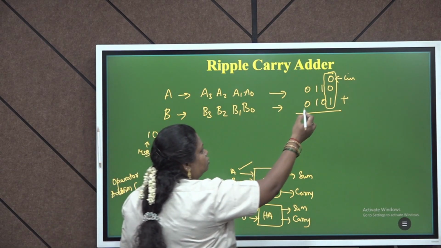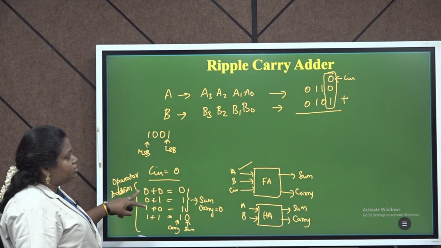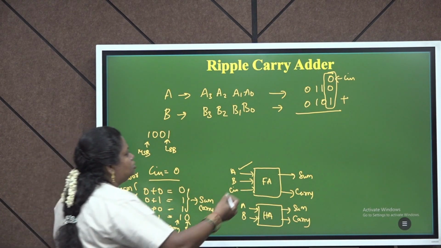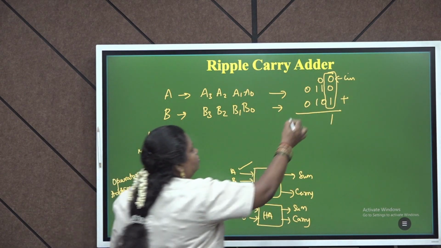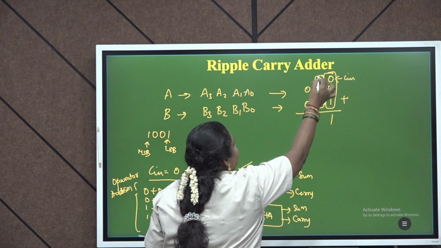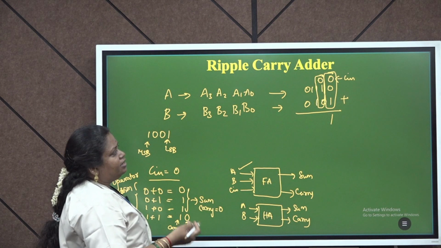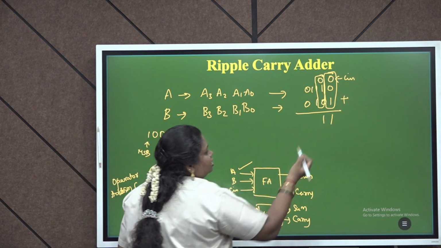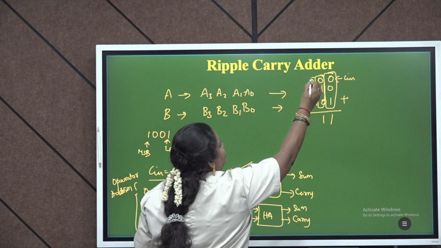So 0 plus 0 is equivalent to 0, and the resultant 0 plus 1 is equivalent to 1. So my sum is 1, my carry is 0. Again we are going to do an addition here, right? 0 plus 1 is equivalent to 1, and the resultant 1 plus 0 is equivalent to 1. The result sum is 1, and again the carry has been pointed to the next one.